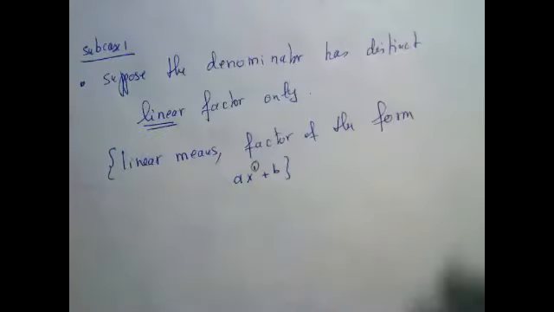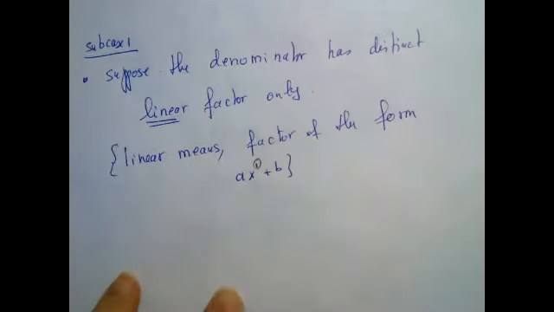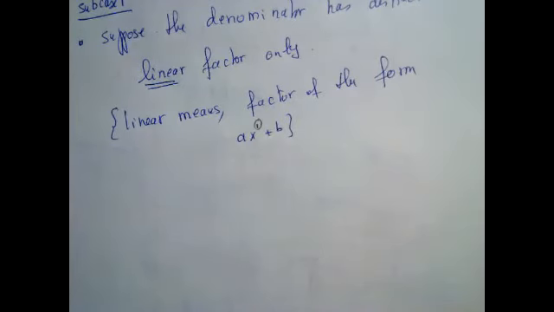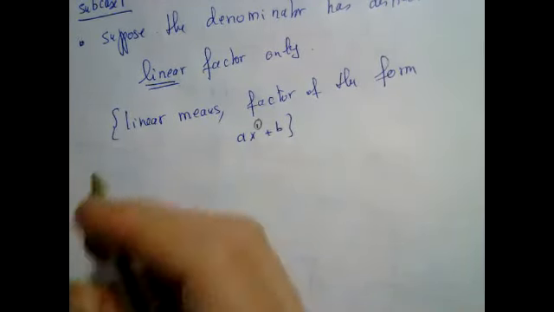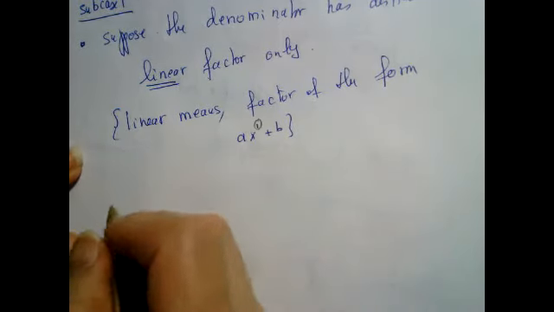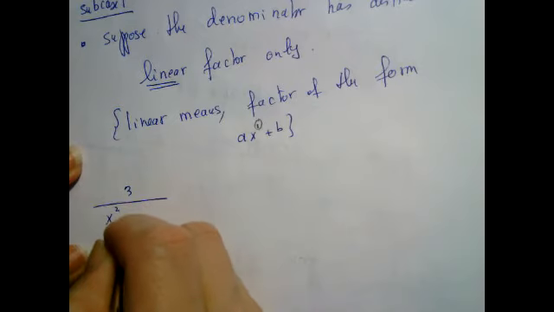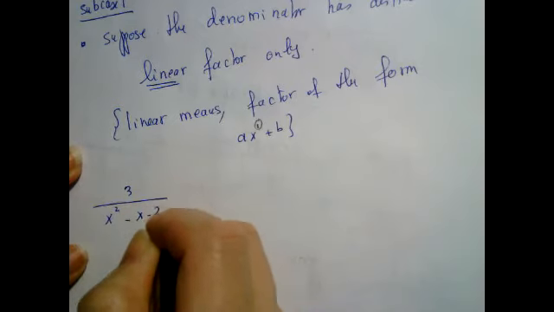If we have a rational function where the denominator satisfies this condition, how will we decompose? I will elaborate by examples. I will show you by example how the decomposition works instead of giving you the general format. It would be more complicated. Suppose I have a rational function, 3 over x squared minus x minus 2.